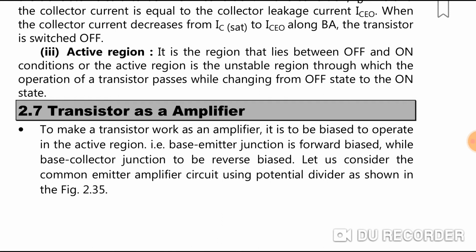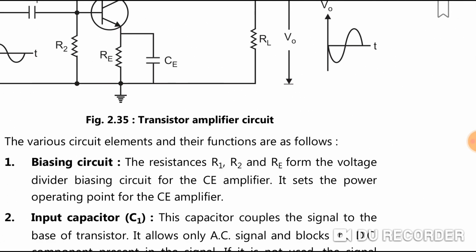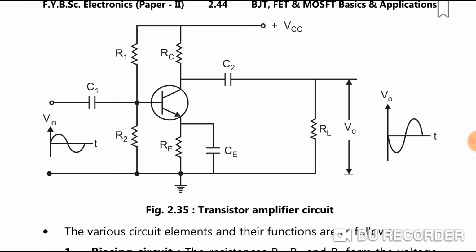Now how does a transistor act as an amplifier? To make a transistor work as an amplifier, it has to be biased to operate in the active region. That is, the base emitter junction is forward biased, while the base collector junction is reverse biased. Let us consider the common emitter amplifier circuit using a potential divider. So this is the common emitter amplifier with potential divider circuit.